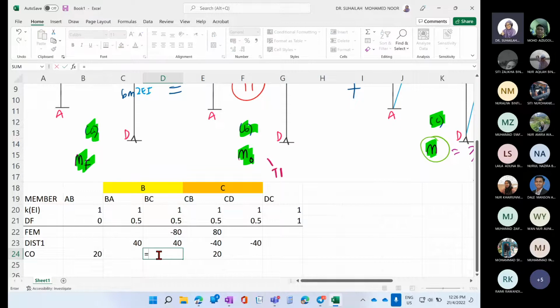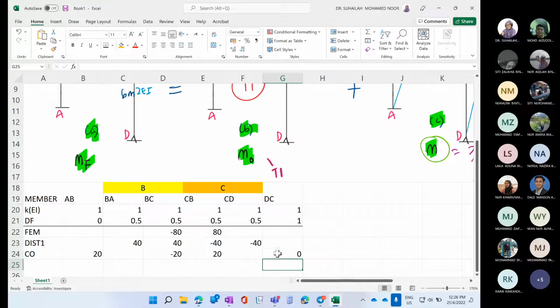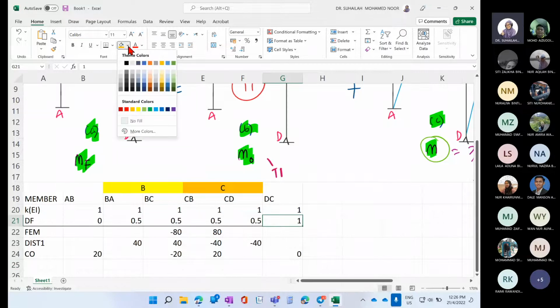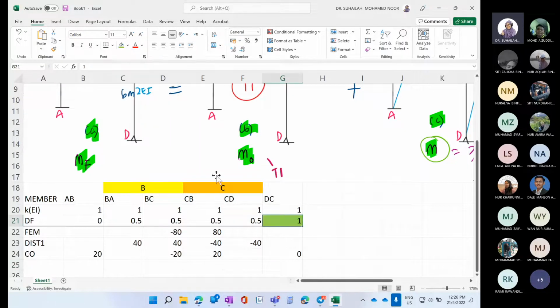And then this one is negative 40 divided by 2 across the boundary. This one is 0. When the distribution factor is 1 because it is a pin, the carry over factor is 0, so it will be equal to 0 for the carry over step.